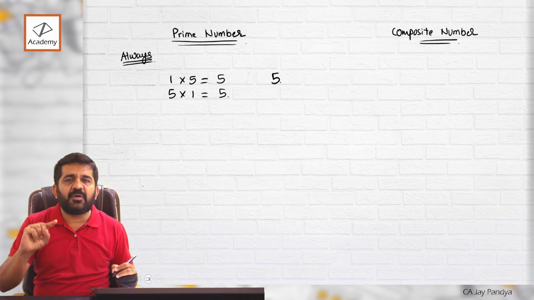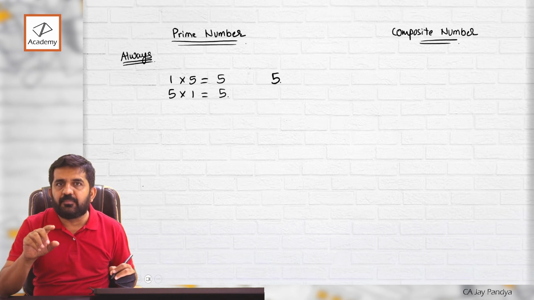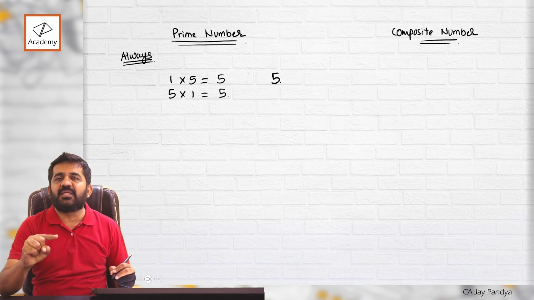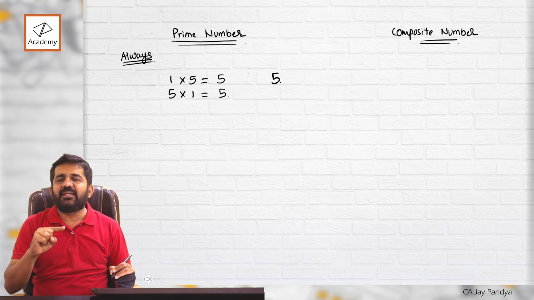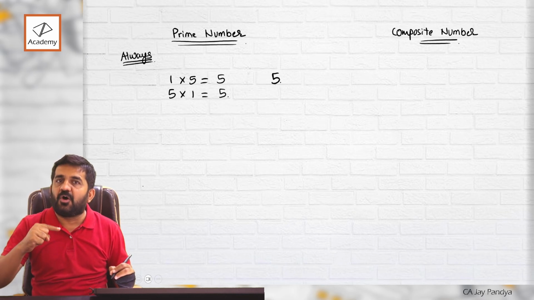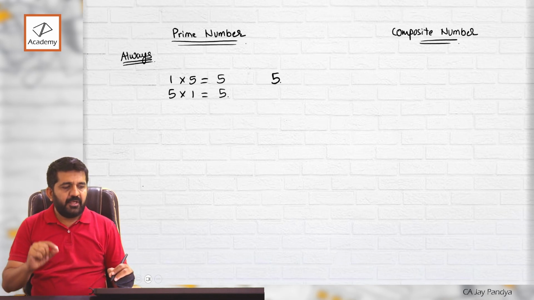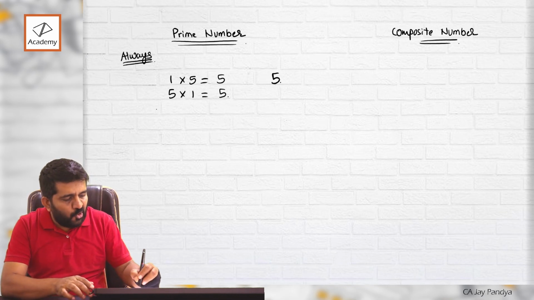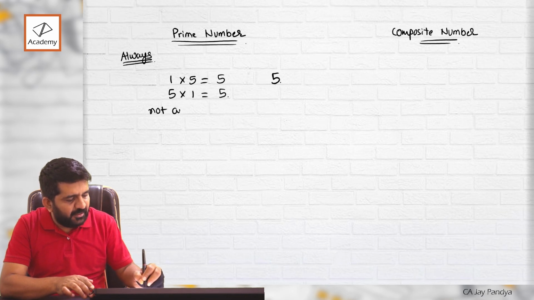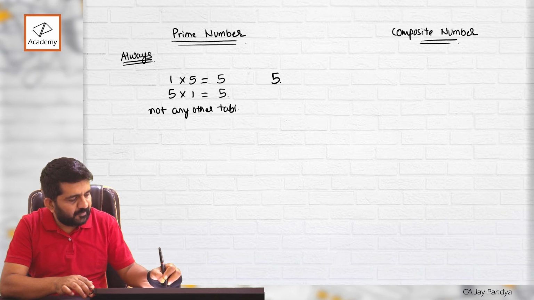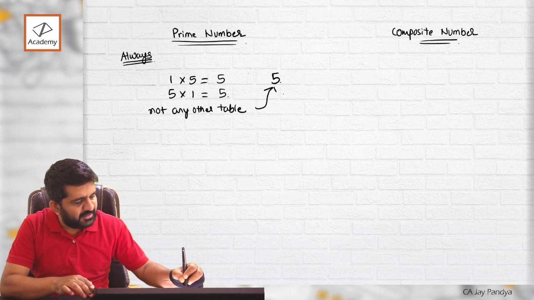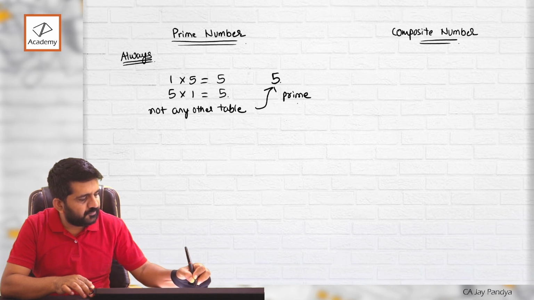So any positive number you take will always be in the table of 1, and in the table of itself. If it is not in any other table, then this number is a prime number. 5 is a prime number.